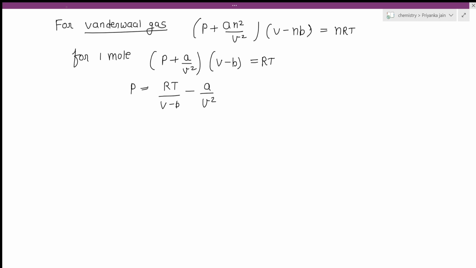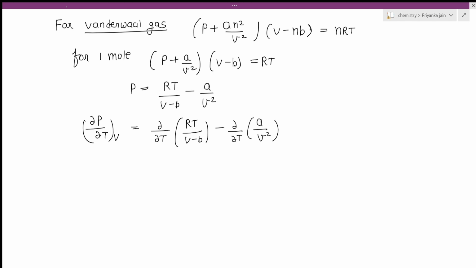Okay. So if we want to find out ∂P/∂T at constant volume, what will be this value? This will be equal to ∂/∂T of RT/(V minus b) minus ∂/∂T of a/V².